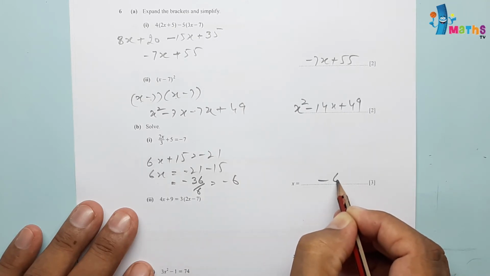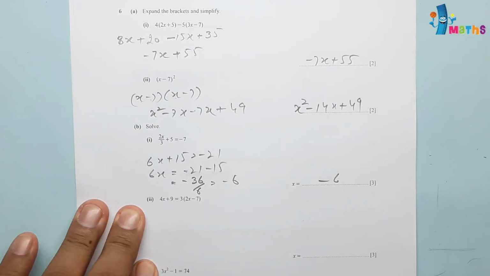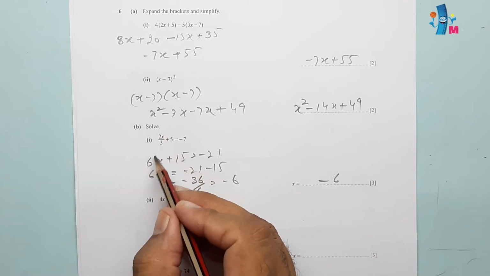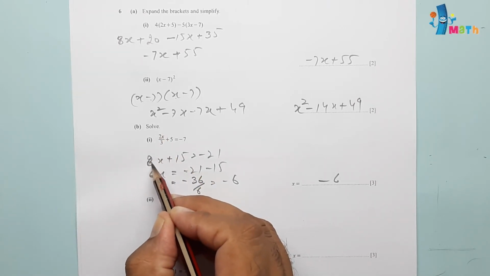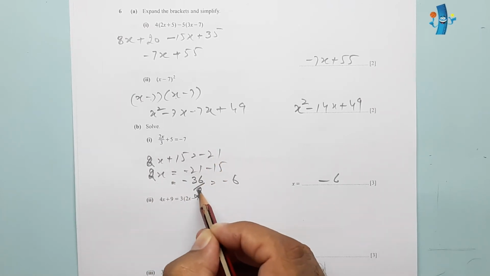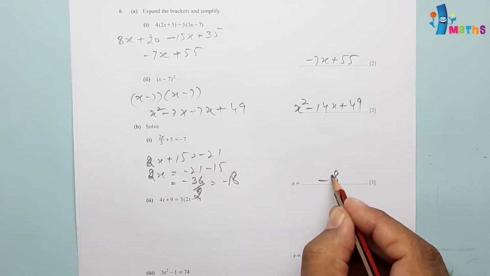We have done some mistake. Yeah, the mistake is when we multiply this by 3, this will remain as 2, it will not be changing to 6. So 2x is equal to this, so this divided by 2 will be equal to minus 18. So our answer will be minus 18.